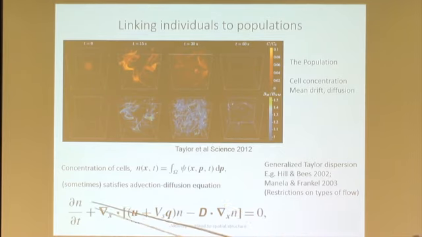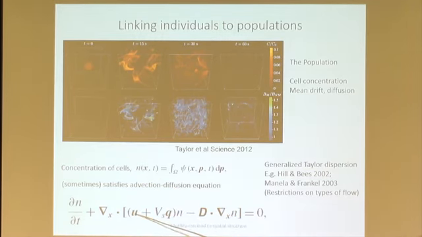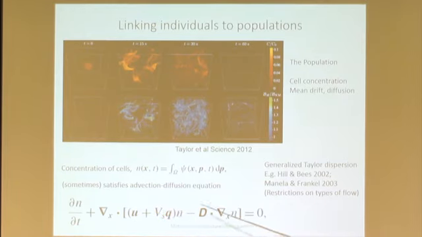So N here is now the concentration of cells, and N has advection by the flow U. It has a mean swimming term, so Vs is the swimming speed, Q is the mean swimming direction, and it has a diffusion tensor.